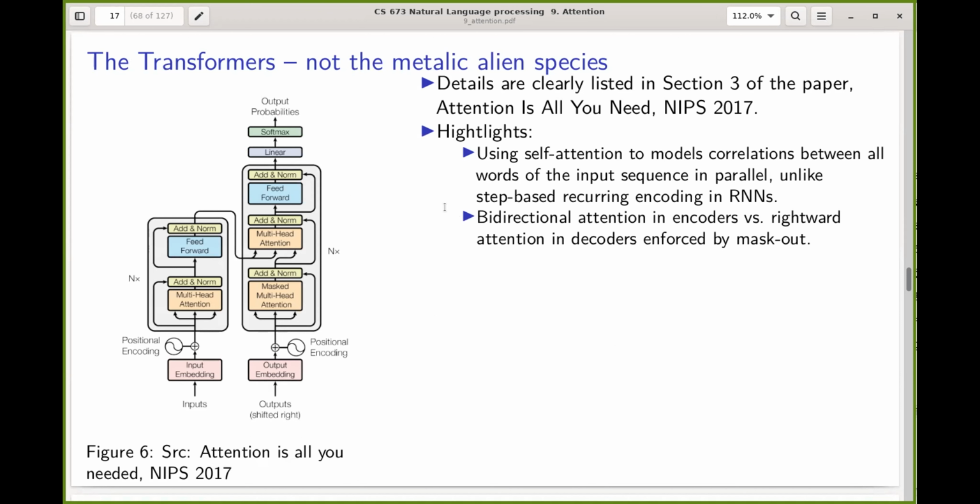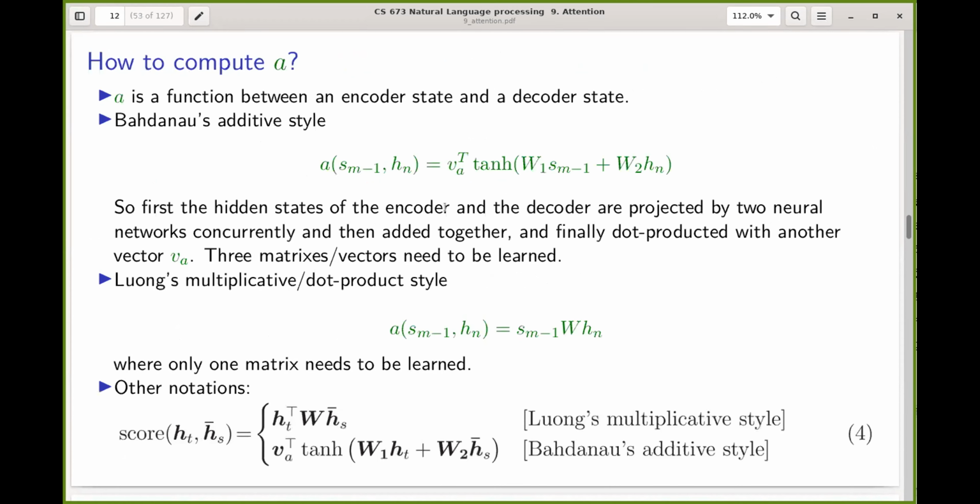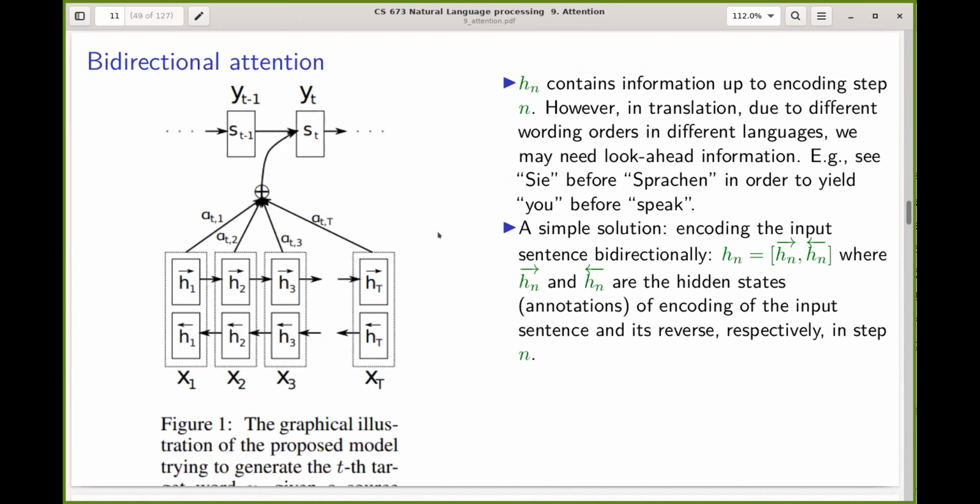Last time we talked about what bidirectional attention is: you have the entire sequence encoded, and your hidden state is not only one directional, it is bidirectional, and you build attention on such a bidirectional hidden state.